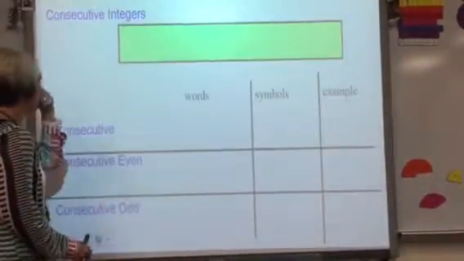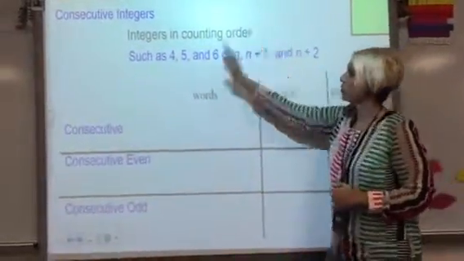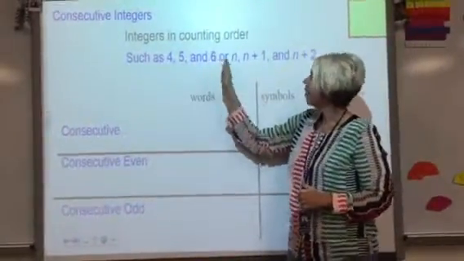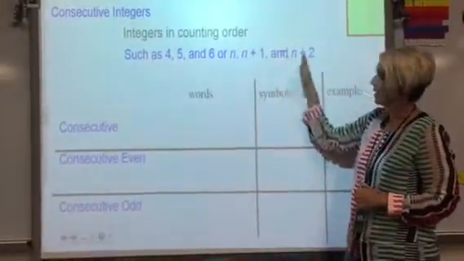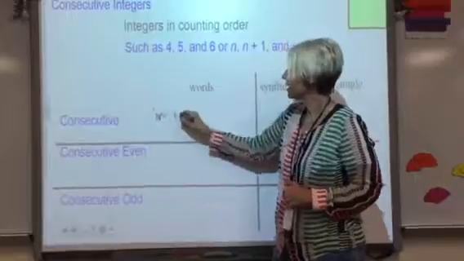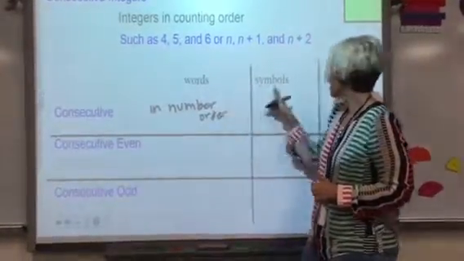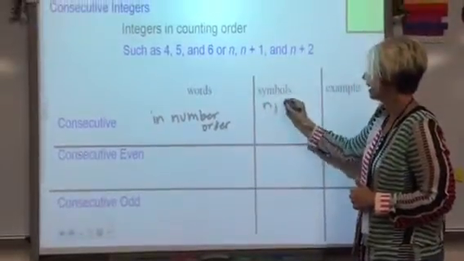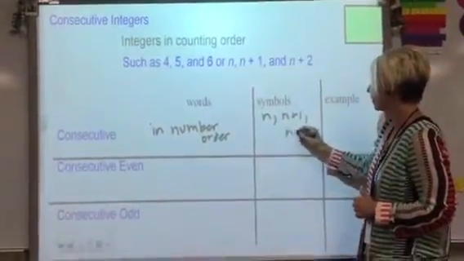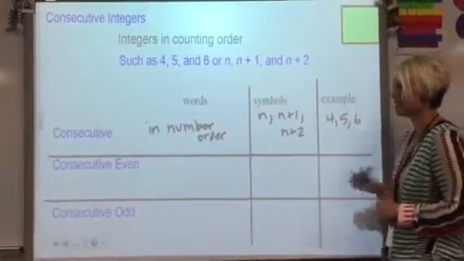All right, next up. What are consecutive integers? They are integers in counting order, such as 4, 5, and 6, or n, n plus 1, and n plus 2. Consecutive just means in number order, so they're going to be one right after the other. The symbols would be n, n plus 1, and n plus 2. An example of that would be 4, 5, and 6.